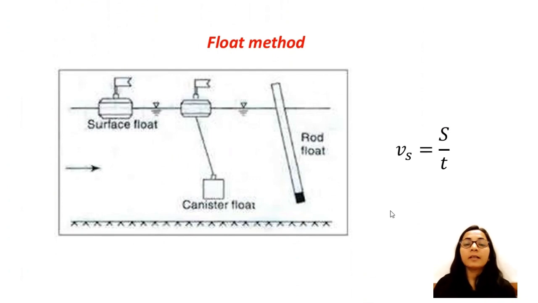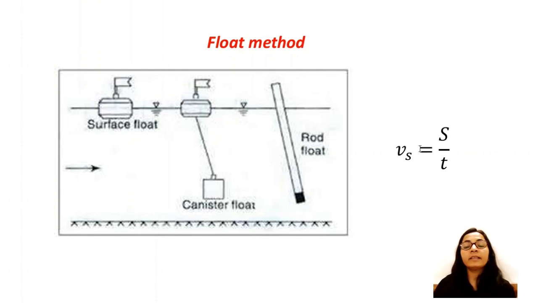Another one is the float method. In the float method, suppose there are 2 points A and B, we place an object or a float at point A and observe the time taken by the float to reach point B, or to cover the distance from point A to B, in a particular time.